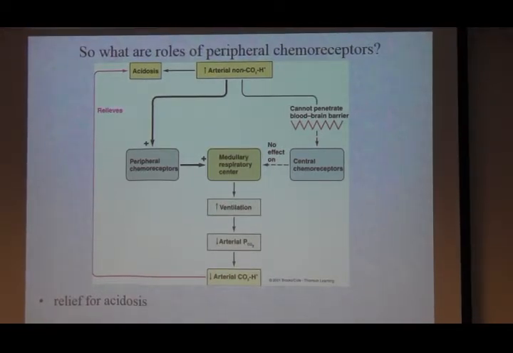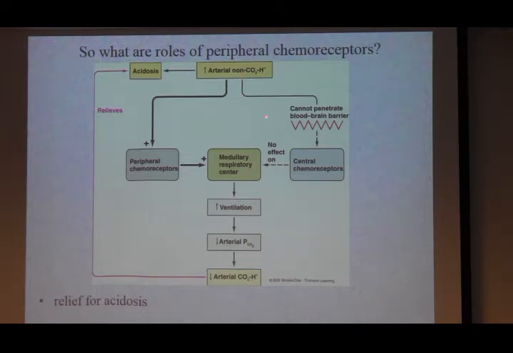In this example, we are dealing with what we discussed a little while ago, which is a scenario where hydrogen ion concentration in plasma is going up because of metabolic reasons, for example diabetic ketoacidosis. So we have an elevation of hydrogen ion not due to respiratory reasons, but due to metabolic reasons.